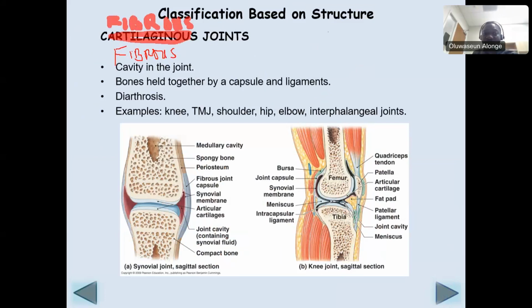That's why we call them fibrous. They are, sorry, synovial rather. The synovial joint. Let me clean this. These are the third category of structural classification, and we call them synovial joint. Synovial joint, not fibrous joint. It is synovial joint.